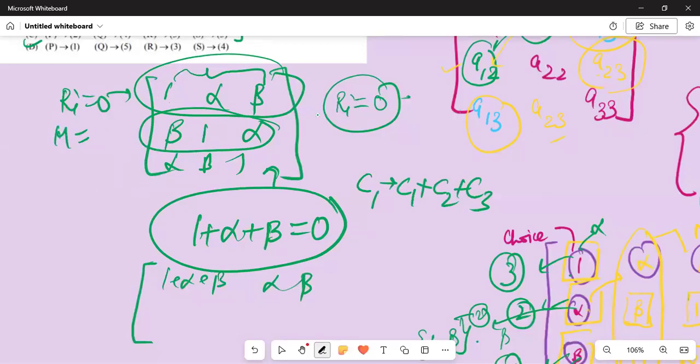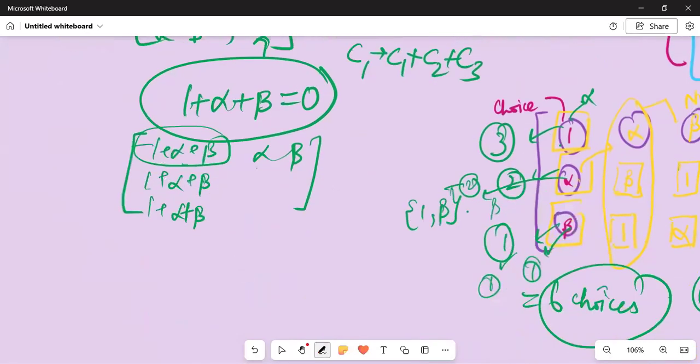A real matrix is also going to look similar because all the entries appear once in a row. So if you take the sum, you will be getting 1 plus alpha plus beta. Similarly, in the second row also, and in the third row, you will be getting the same thing again. So this is 0, this is 0, this is 0, and this is anything, you don't know. But since the entries appear exactly once in every row, if you take the sum, the first column becomes 0.